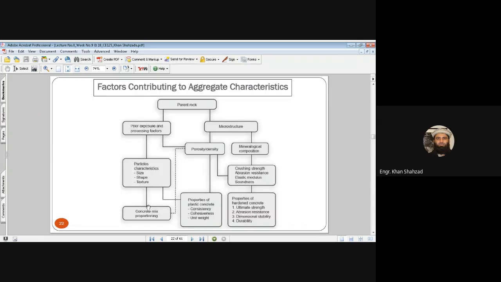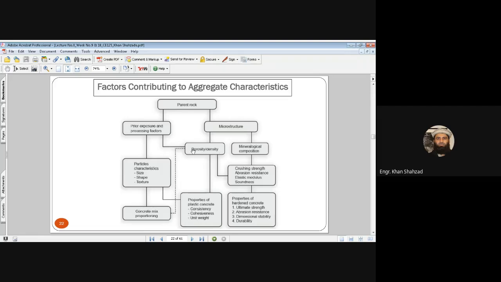Now, the factors which contribute to aggregate characteristics. I hope you can properly understand what the factors are which contribute to the characteristics of the material. The type of the parent rock can affect the properties of the aggregates. The microstructure, whether it has pores or high density.